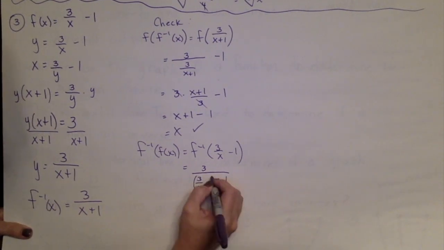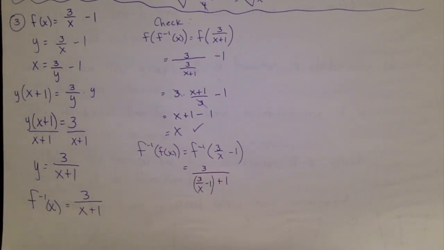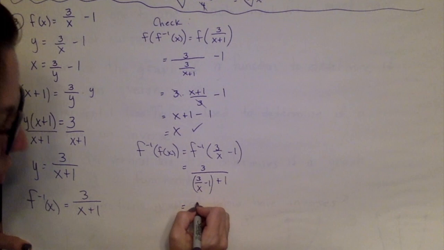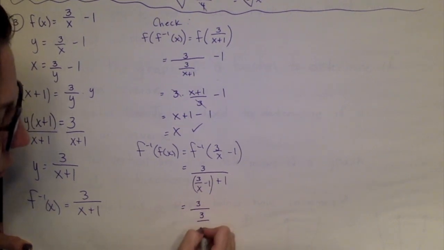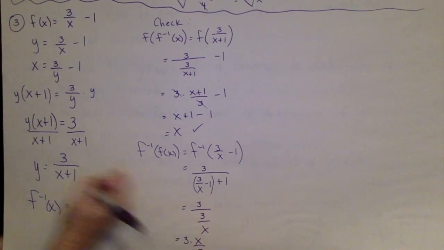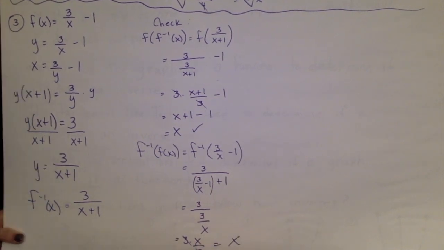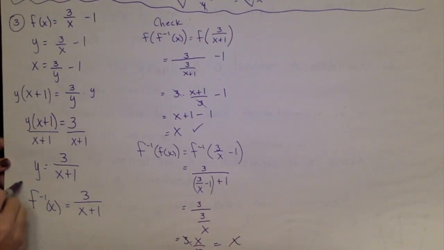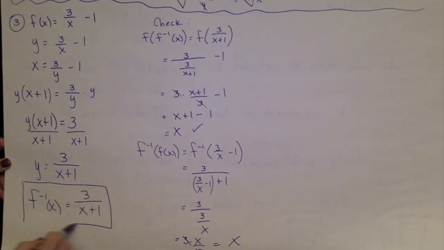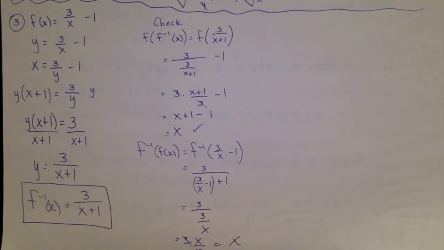I could even put that in parentheses if it'll make it easier. But minus 1 plus 1 leaves me with just 3 over x, or 3 times x over 3. Remember, when we divide, multiply by that reciprocal, the 3's reduce, leaving me with just x. So we did, in fact, verify that this is the inverse function.